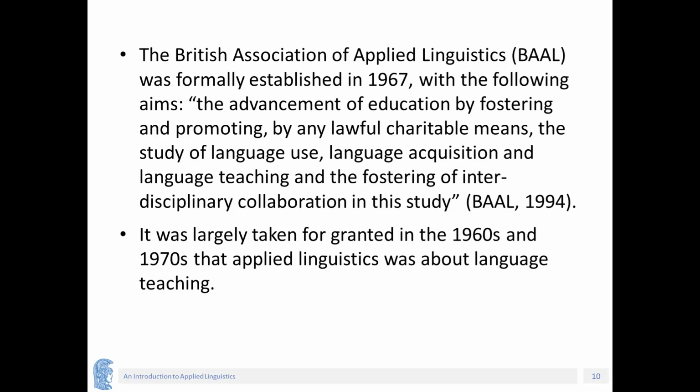Check whether it is clear. So today, when I say applied linguistics, the picture which comes to your mind should be language teaching. Is it clear? Yes. So if you want to understand what applied linguistics is, that is none other than language teaching. We'll go to the next one.